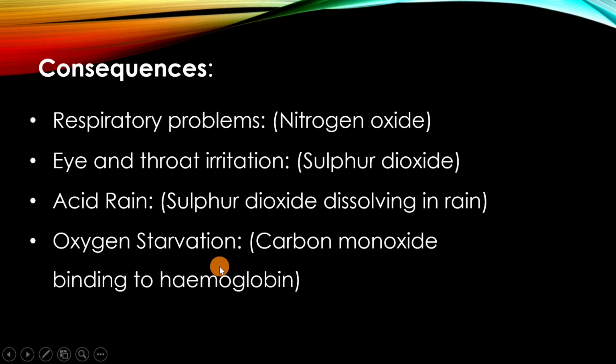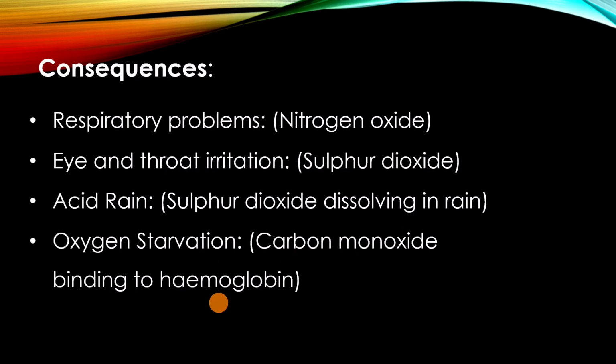Then also oxygen starvation is another consequence of air pollution, where carbon monoxide binds to hemoglobin. Hemoglobin is a compound found in our body which carries oxygen around our bodies. But if someone happens to breathe in carbon monoxide, it goes to bind with hemoglobin instead of oxygen.